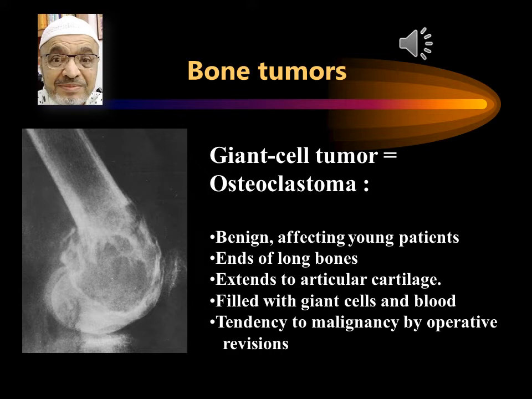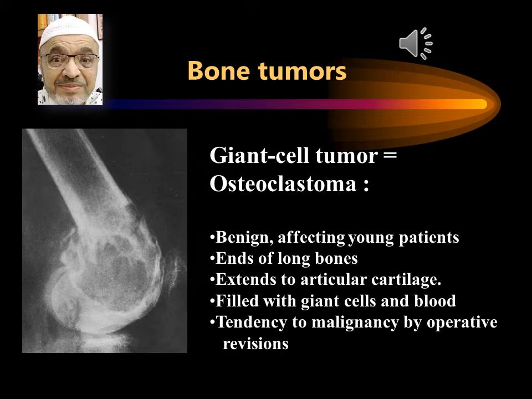That's why we talk about giant cell tumor, because it consists of giant cells and blood. Tendency to malignancy by operative revisions. So if you decide to do operative management, you have to excise the tumor completely with soft tissue.